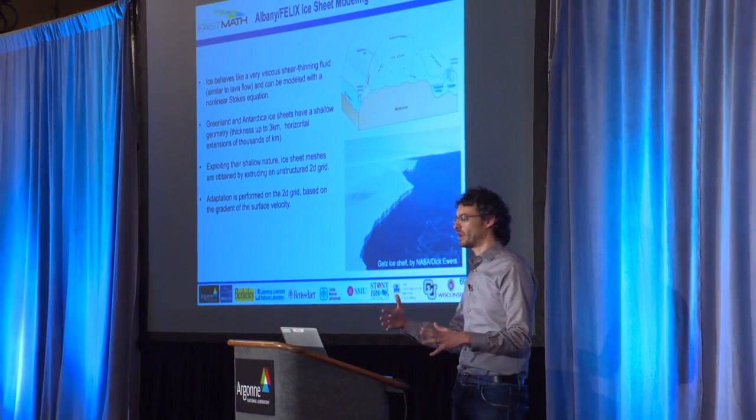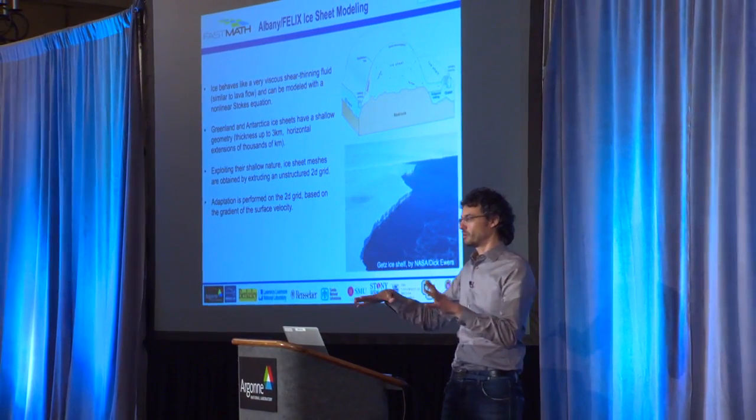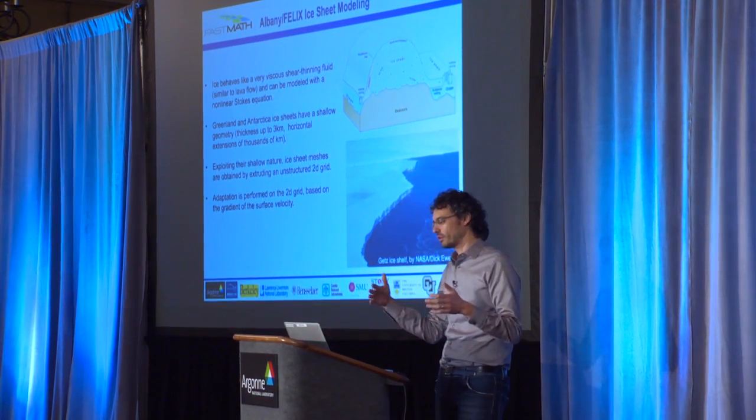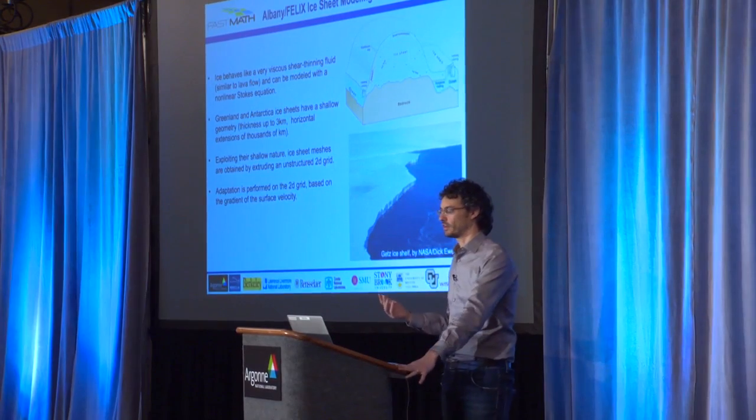And in the picture on the bottom right, what you see is a shelf, so it's even more shallow. Of course, when you solve this problem, you have to take into account this particular geometry, and you try to exploit it as well. In particular, the meshes for this ice sheet are made starting from a 2D mesh, which can be unstructured, and then it is extruded in the vertical direction.